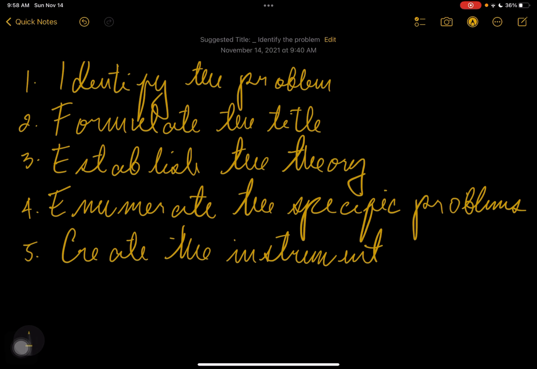I have arranged this so that research writers would be able to follow these particular sequences. The identification of the research problem will also be the formulation of the general problem. So you want to solve this particular problem that involves this particular issue. That's the relationship between the first and the second element.